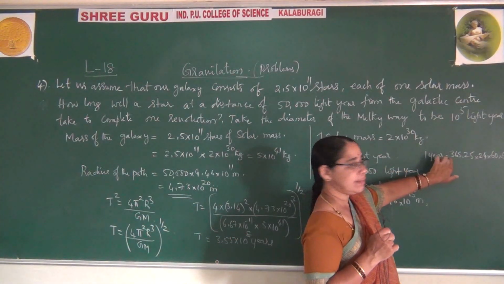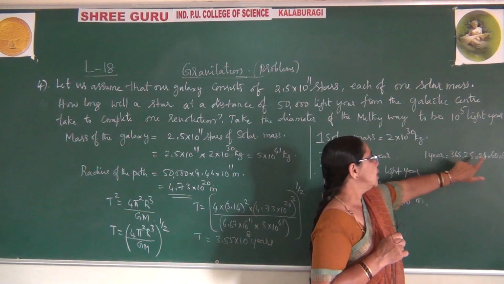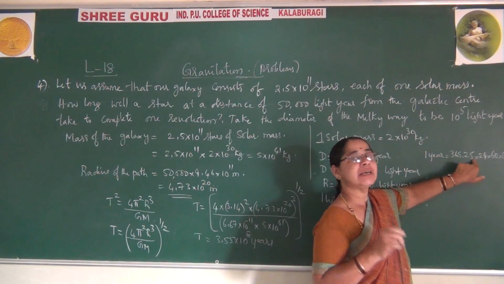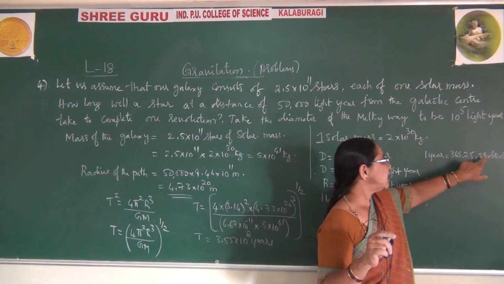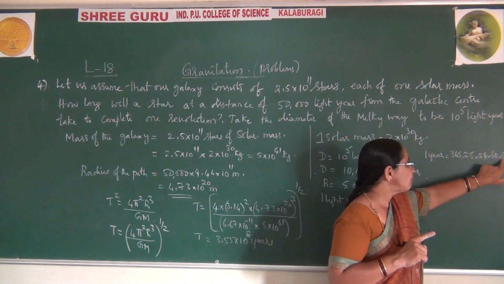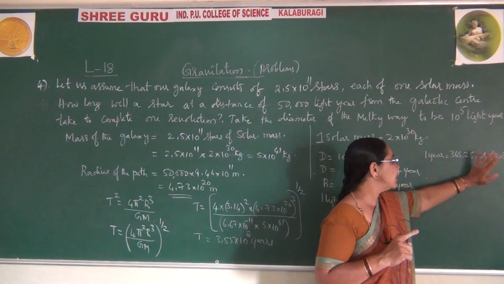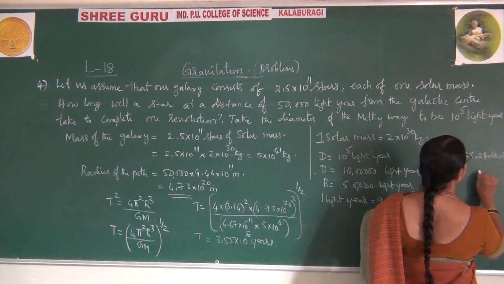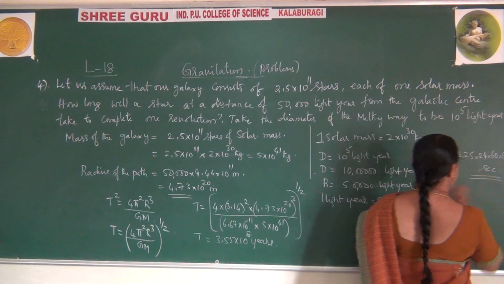This is 1 year, 365.25. This is for 1 day. So multiplied by 24 means you are converting for 1 day. Multiplying by 60 minutes means converting for 1 hour. Multiplying by 60 seconds, you are completely converting into seconds.